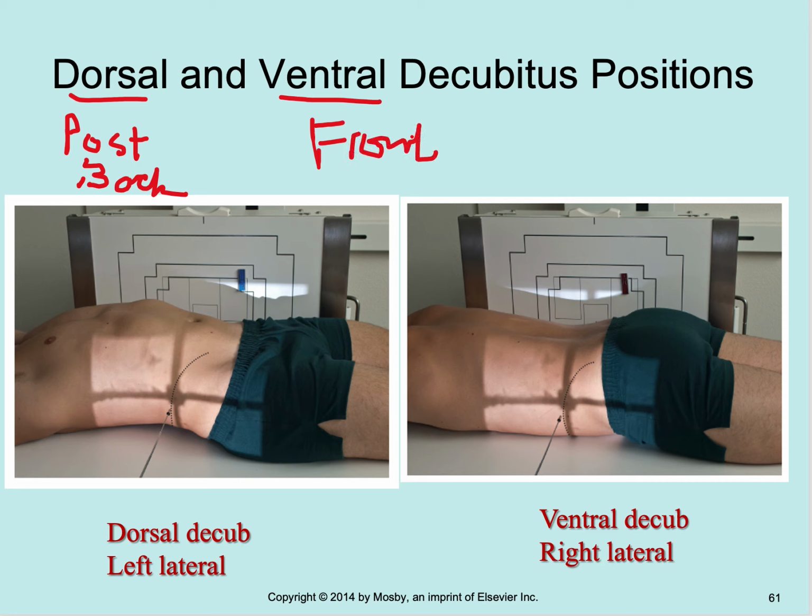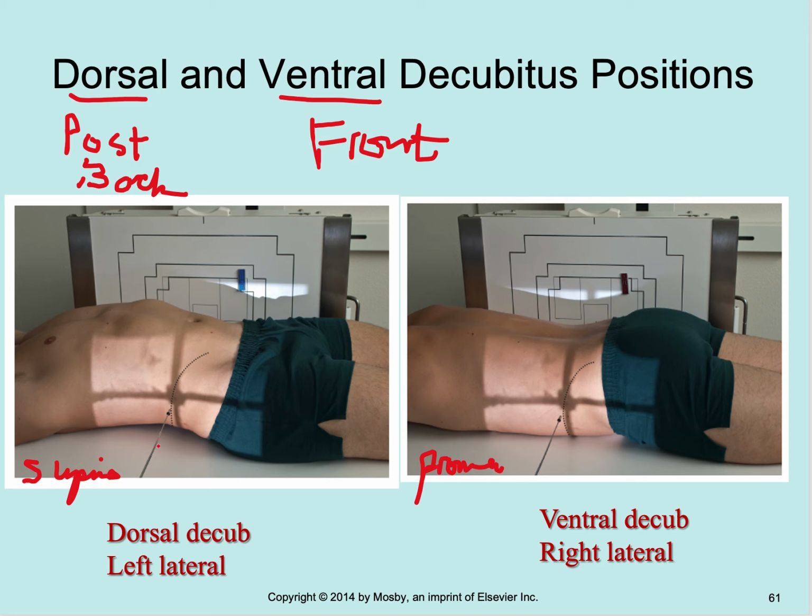And you can also say that this is supine, and this is prone, so these are interchangeable. When we're talking as far as decubes, we're not going to say a supine decube or a prone decube. We're going to say dorsal decube, ventral decube.